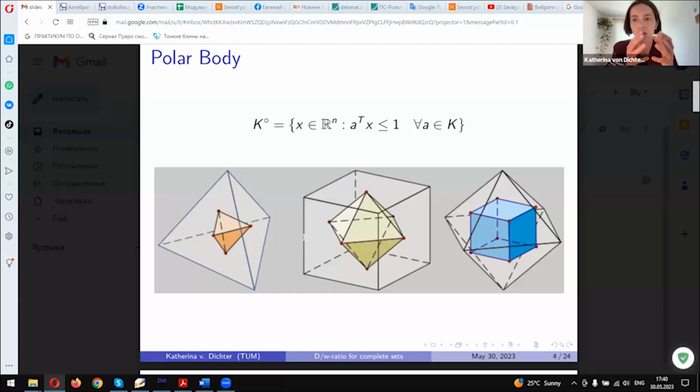If your body K is just the Euclidean ball, then naturally the polar body is also a Euclidean ball, but rescaled. If the radius of your body K was R, then that of the polar one is 1 over R. And this is why you talk about the inverse of some body. So please, next.